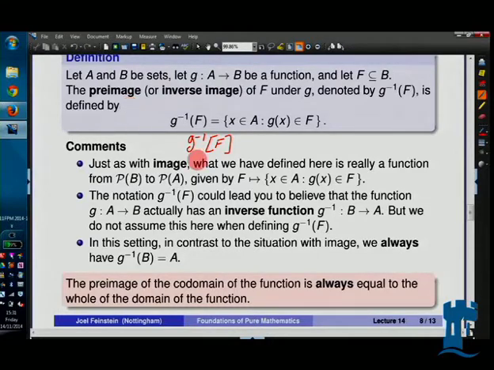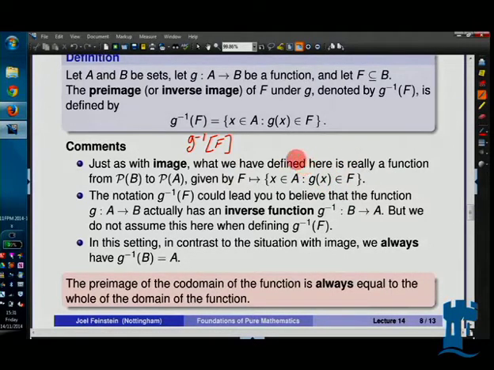In which case, what we're doing here is slightly different, because this is now mapped from the set of subsets of B to the set of subsets of A. And again, you start with a subset of B, and you take the preimage, and you get a subset of A, which is those points of A which are mapped into F by G.